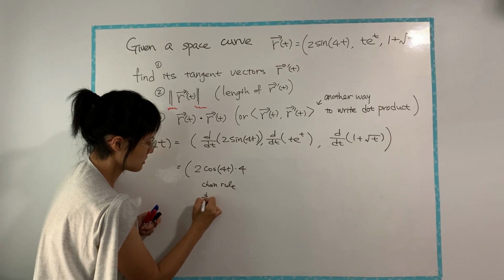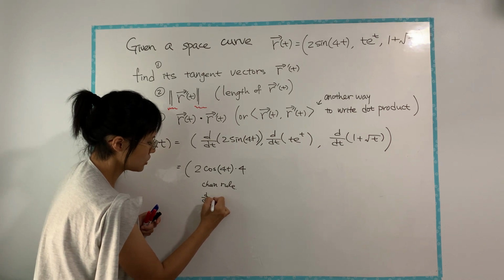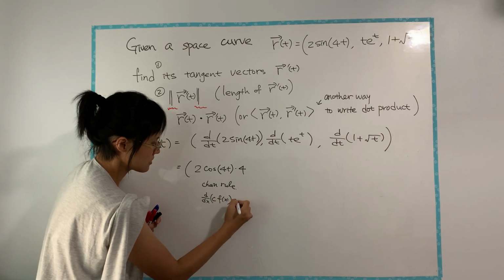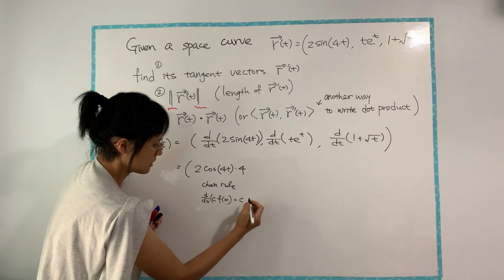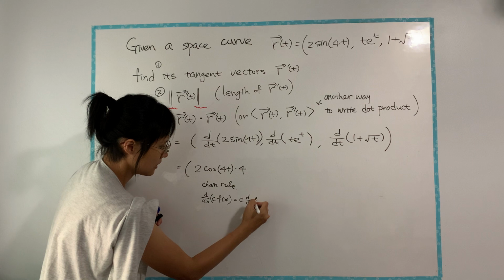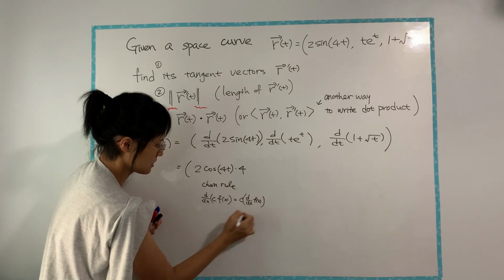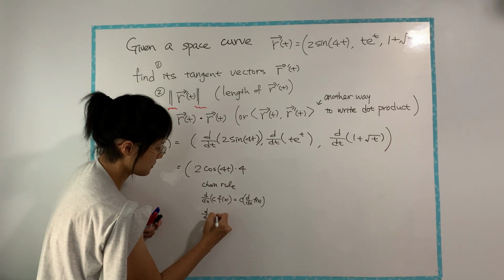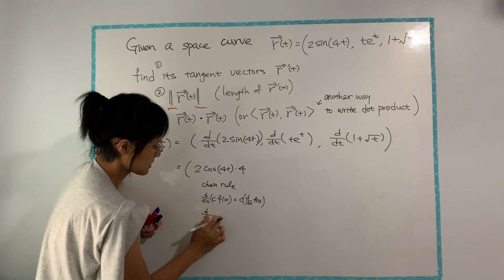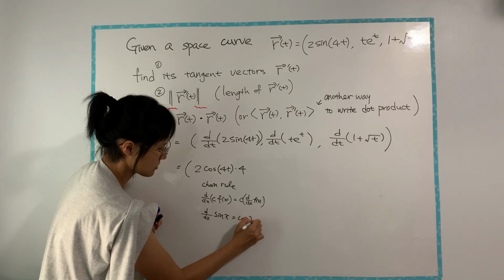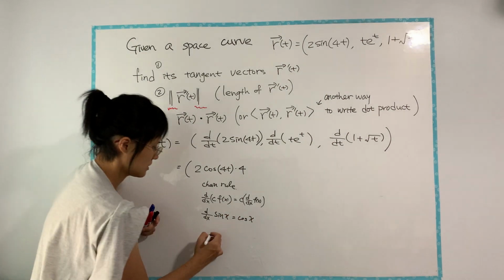When I differentiate a constant times a function, this is the same as the constant times the derivative of the function. And I use the derivative of sine equals cosine.